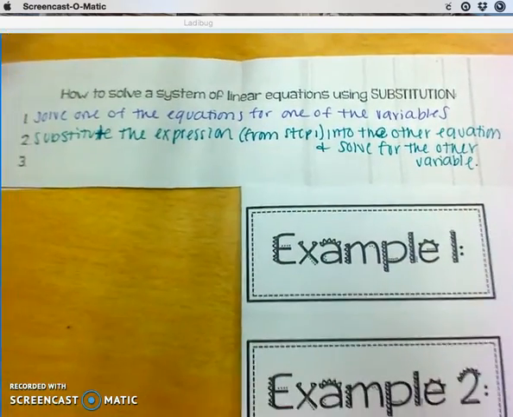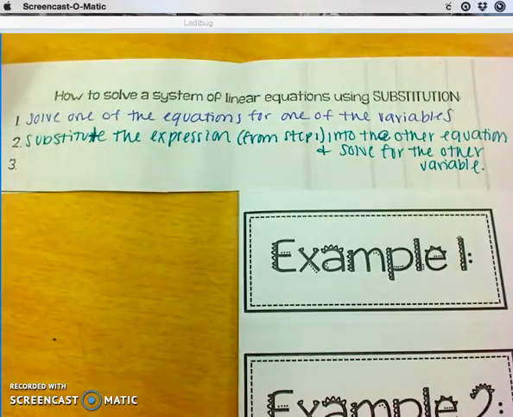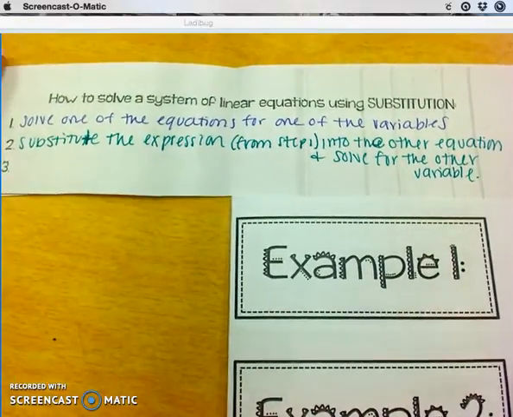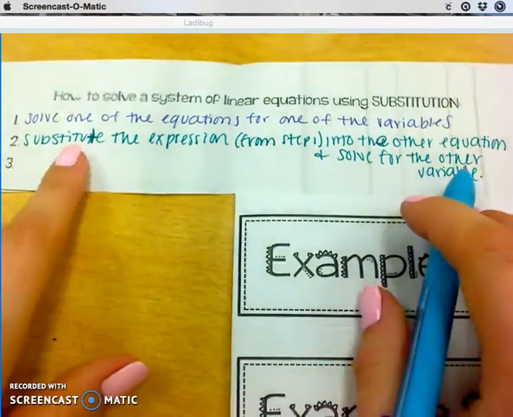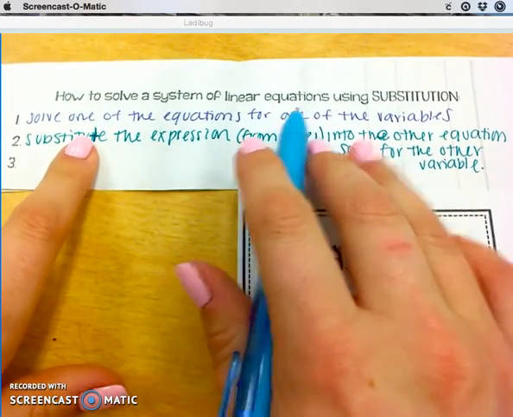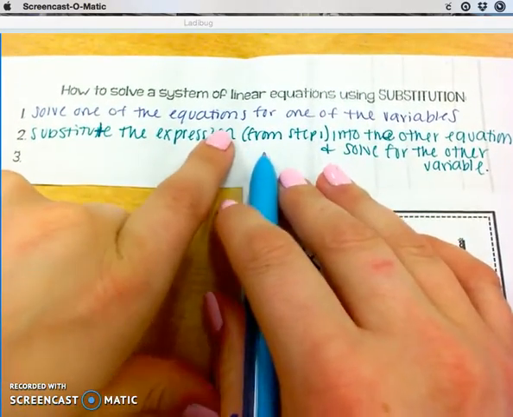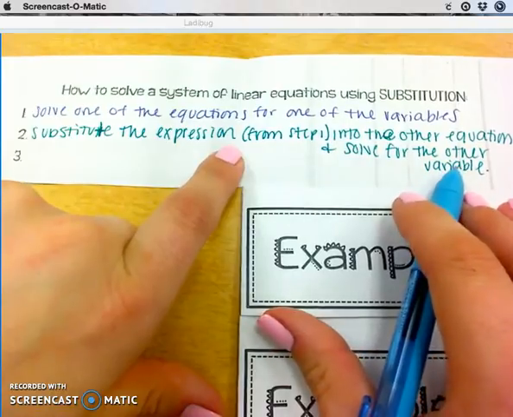And then step 3, say I solved for y. I'm putting all that stuff in for y to solve for x.